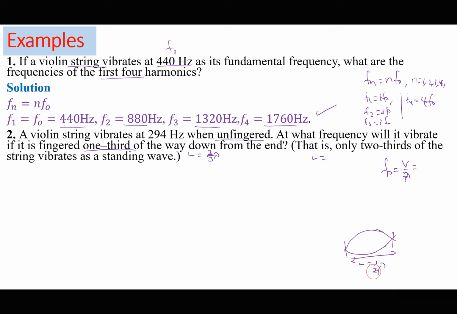So the wavelength is equal to twice L. So this becomes V over 2L. It means 294 is going to be V over 2L, and I'll just leave V here.